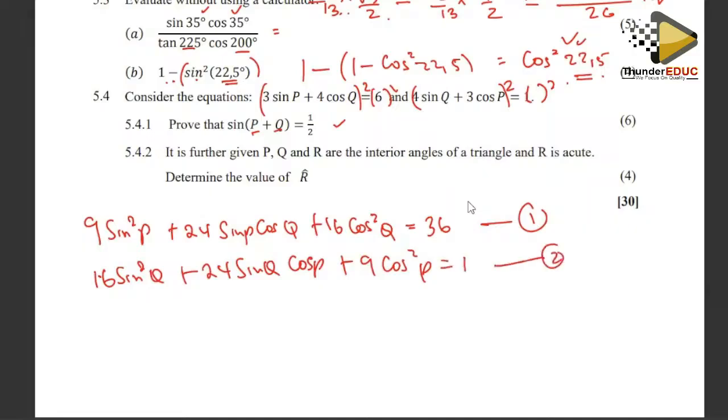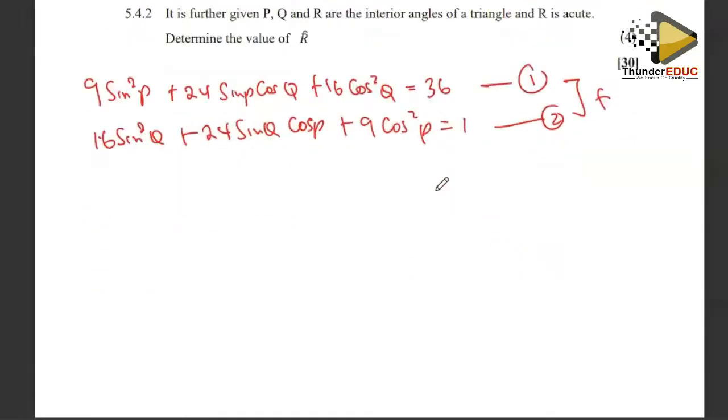That is equation number 2. Then I'm going to add the two equations together and see if I can get some like terms. Are there any like terms really? Cos squared q, sine squared q, there seem to be none.